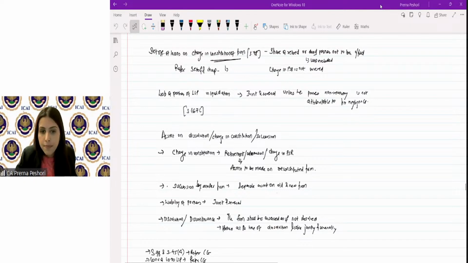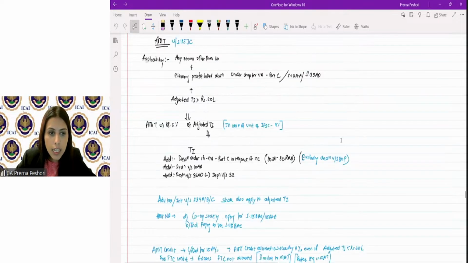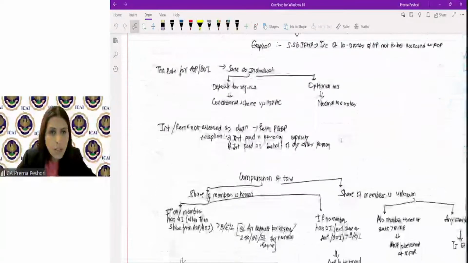Are we clear? So the assessment also will happen like that. Yes or no? So you can just write it over here. In the assessment of various entities only, you can just write down.